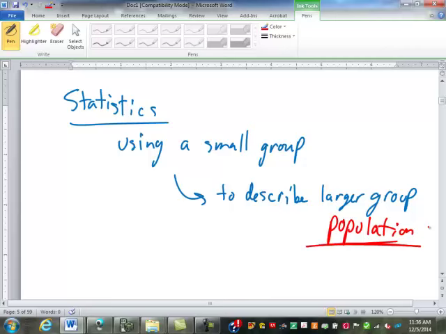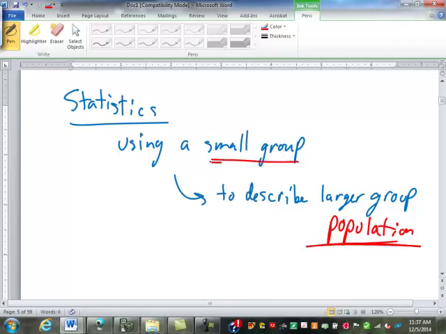Do we care about them for the presidential election? Not really. All registered voters? Well, even that isn't really quite what we would want for a population. If we're talking about the next presidential election, our population is actually all the people who are going to vote in that election, which is tough to do because some of those people don't even know whether they're going to vote or not yet.